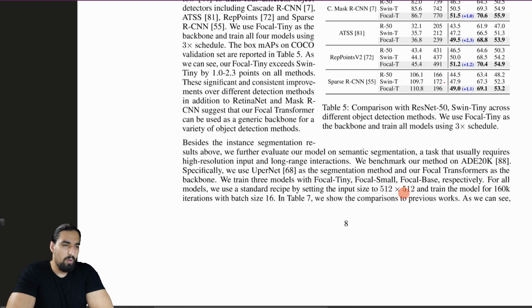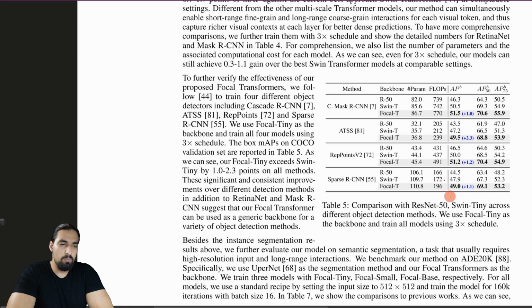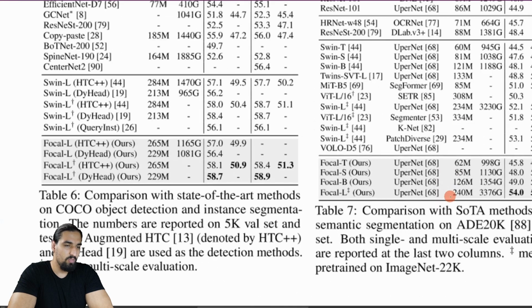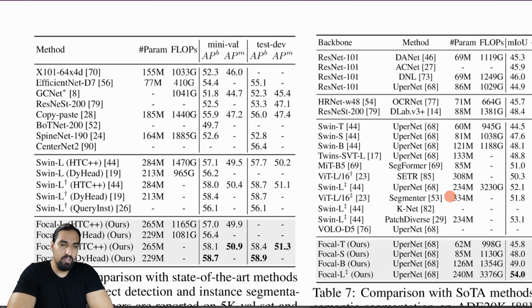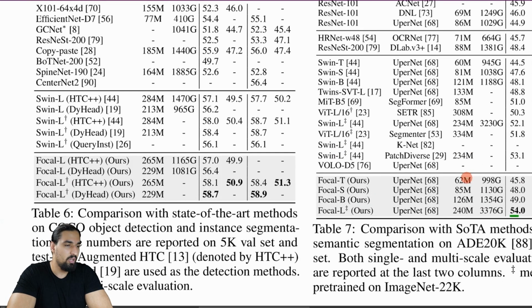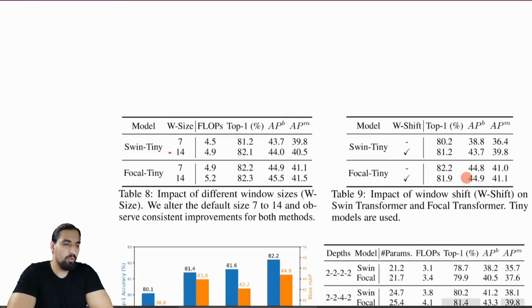Similarly here, a bunch of different benchmarks. I won't be focusing on each of those in particular. Here they show results on semantic segmentation. Again, they're a bit better compared to the baselines. And yeah, it's kind of hard to compare these because they don't have numbers for the number of parameters and flops there. But I don't want to focus too much on the results.